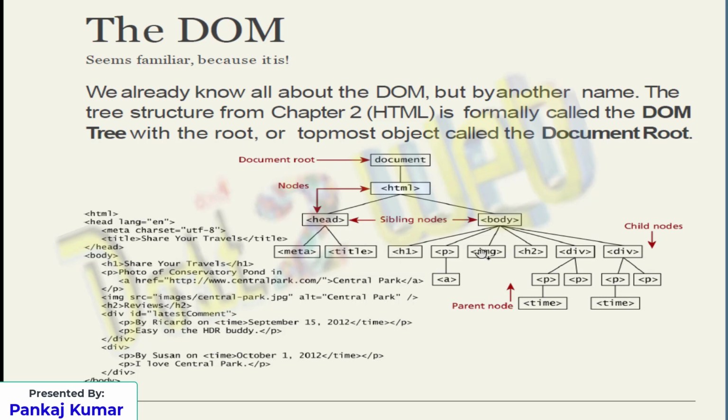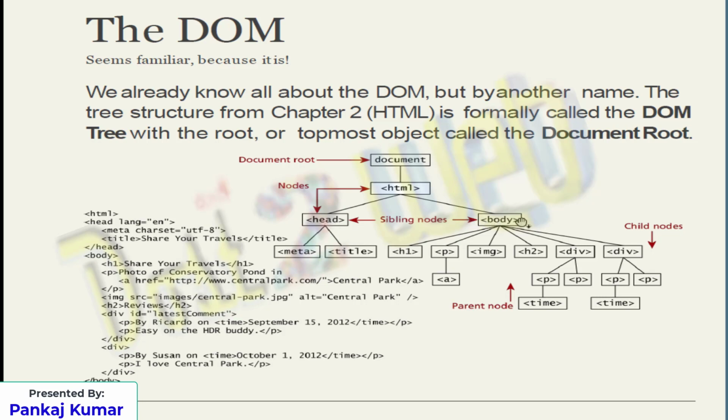From here you can understand in a simple way. When you want to deploy your HTML, you have to display your document. That means you require a document, so your root will be your document. Then the HTML. Then HTML will have nodes like head. In the head you will have meta, title, script, whatever you want to use.